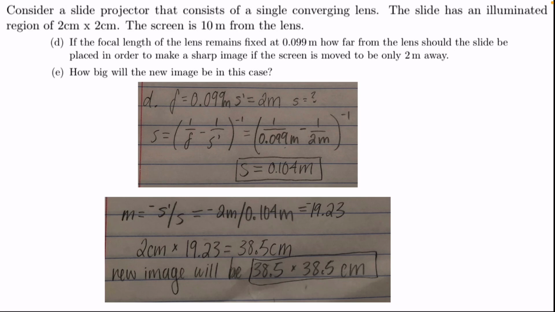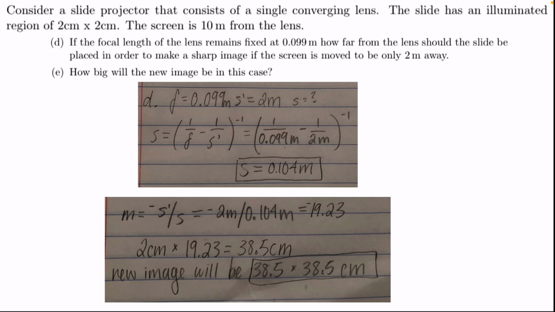Part E asks, how big will the new image be in this case? First we use the s values to solve for the magnification and then apply that to the dimensions. We know s prime and s, so all we have to do is plug those in, keeping in mind that the negative just means our image is inverted.